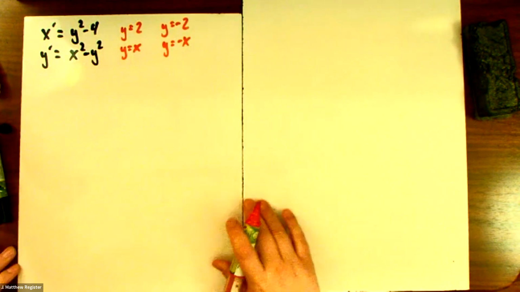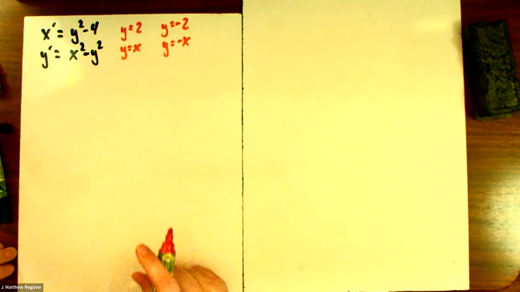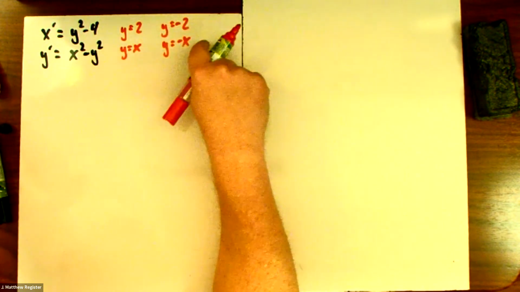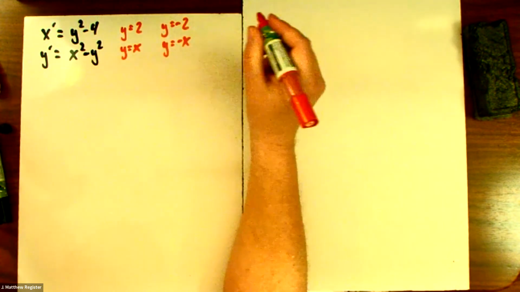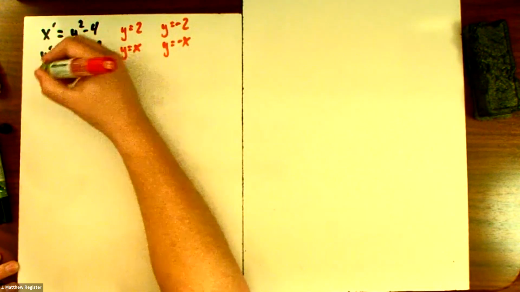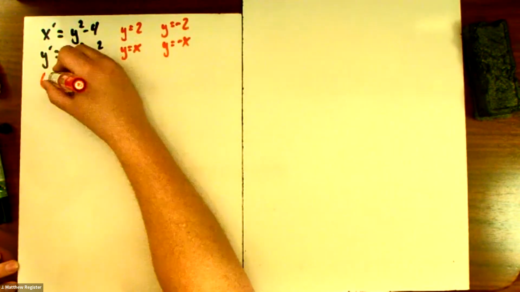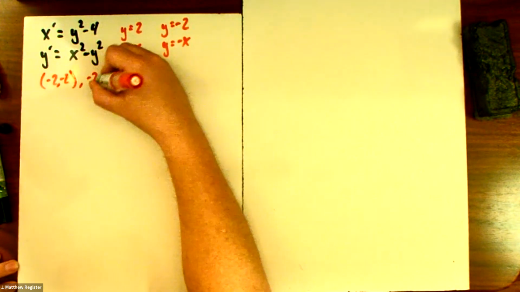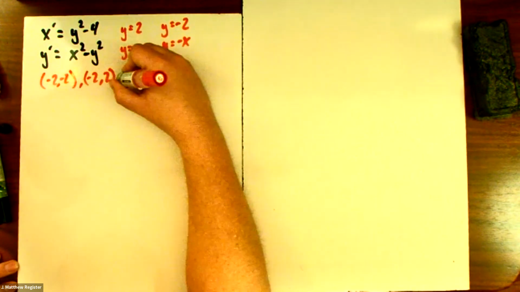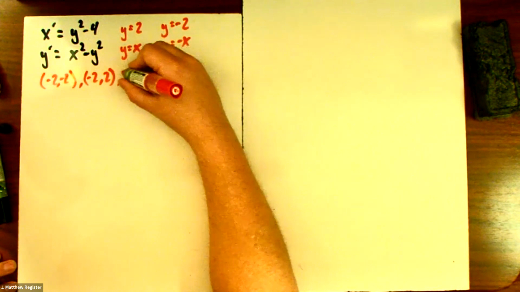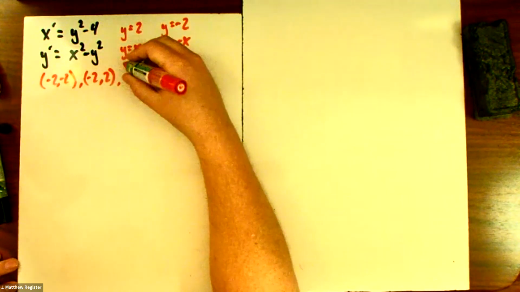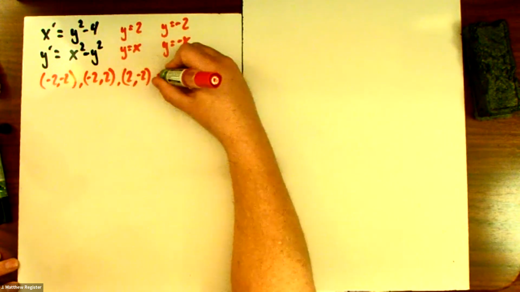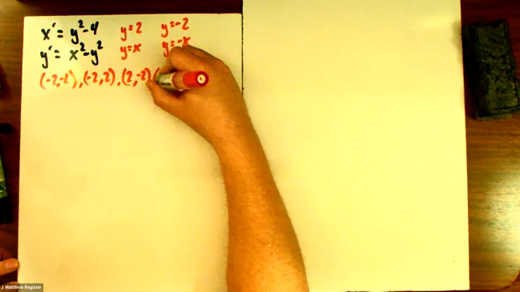Now this is going to give us 4 equilibrium points because y is either positive or negative 2 and x is positive or negative y. And so our 4 equilibrium points are going to be at negative 2, negative 2, negative 2, positive 2, then a negative or a positive 2, negative 2, and a positive 2, positive 2.